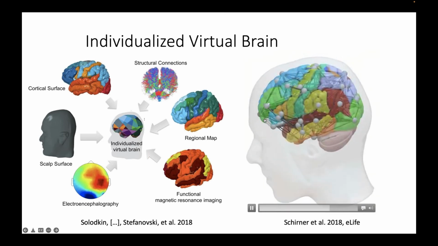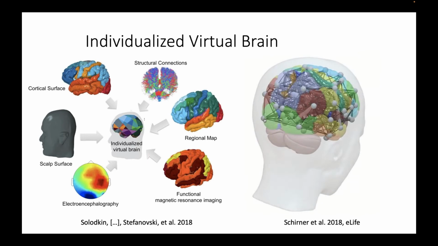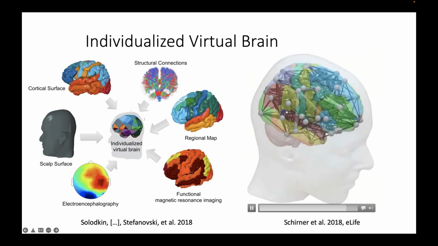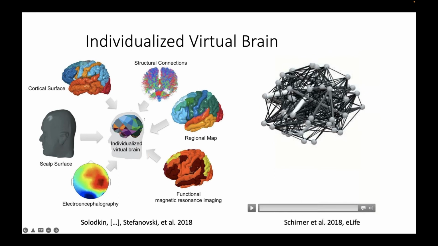So we extract a tractography, which is kind of the skeleton of the simulation, and then the nodes between the structural connectivity, the brain regions, are the things that we bring to life with so-called neural mass models. So with a technique from nonlinear dynamics. So these are mathematical models that are able to produce oscillations and other neural behaviors.